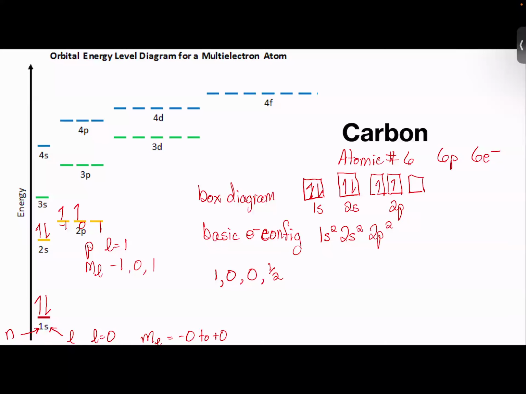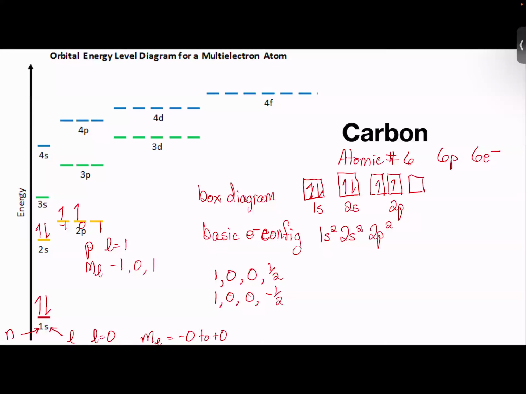That's what those quantum numbers tell me, which is the same thing that the electron configuration is telling me. The second electron would be 1, 0, 0, -1/2, because it's in the same shell, same subshell, same orbital. The only difference is it went in spin down.